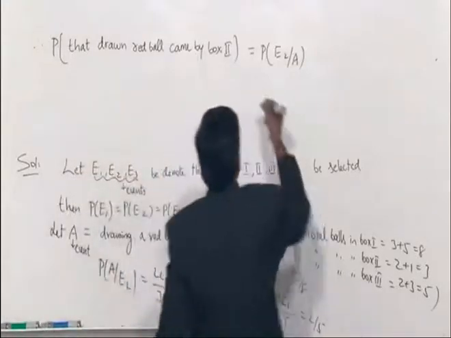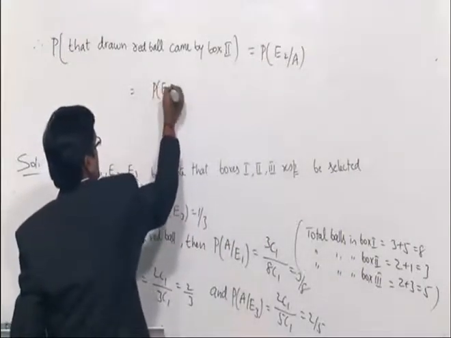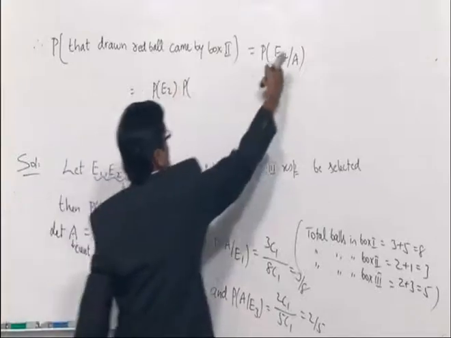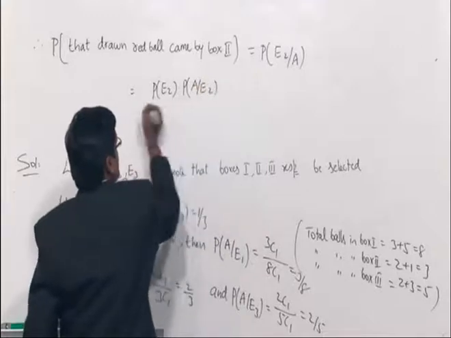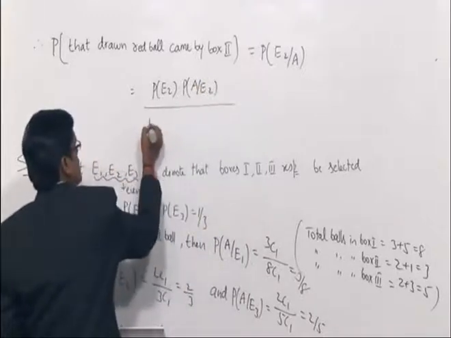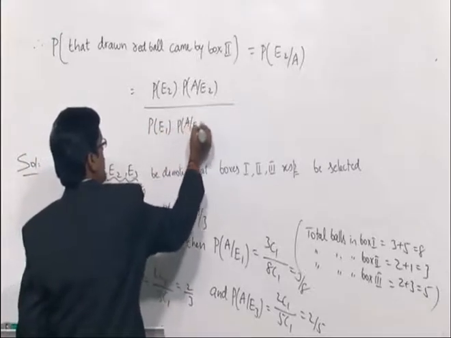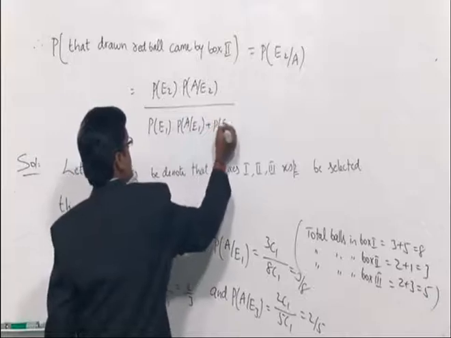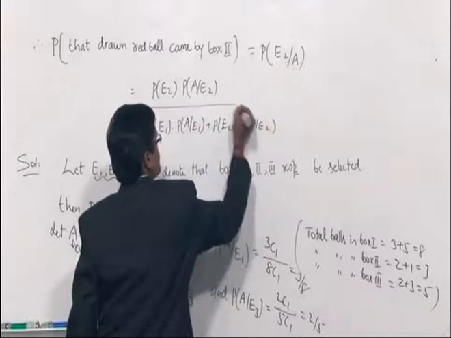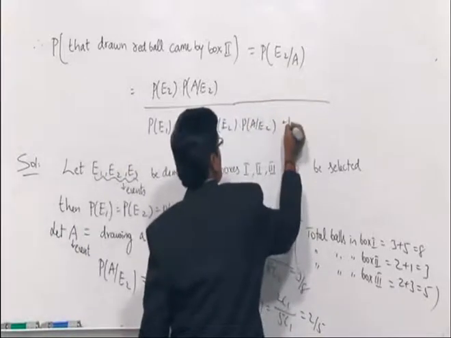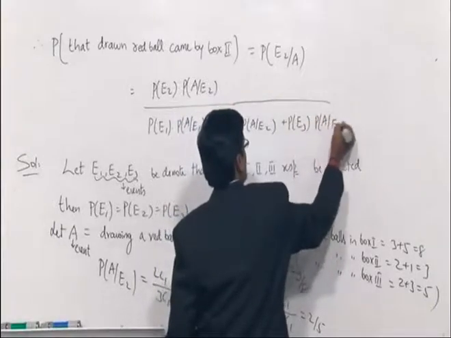So using Bayes theorem, first the numerator: the probability of E2 multiplied by the reciprocal event, that is A given E2. The denominator is P of E1 into P of A given E1 plus P of E2 into P of A given E2 plus P of E3 into P of A given E3, that is sigma i equal to 1 to 3.